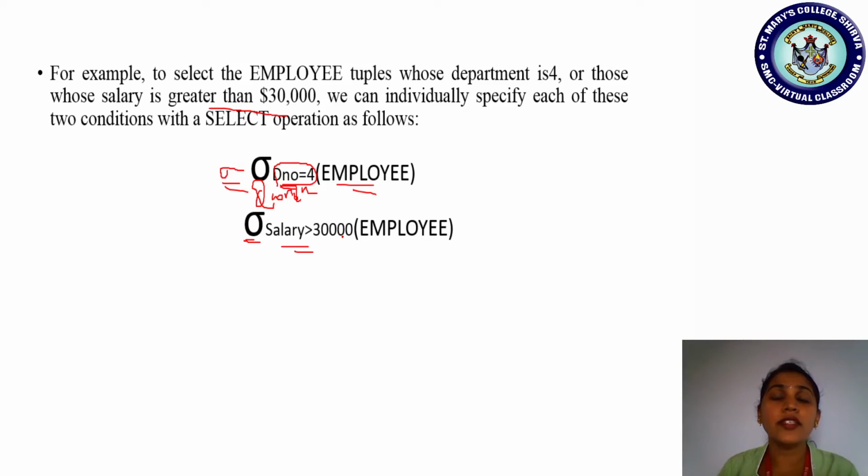One set of tuples will be those whose salary value is above 30,000, and another set of tuples are those which didn't satisfy the condition, that is, below 30,000 salary. Okay, so this is what you mean by the select operation.